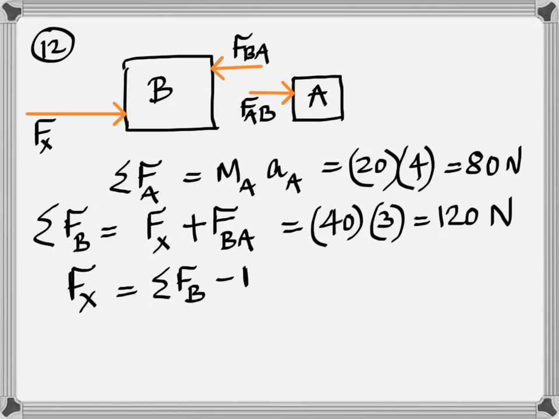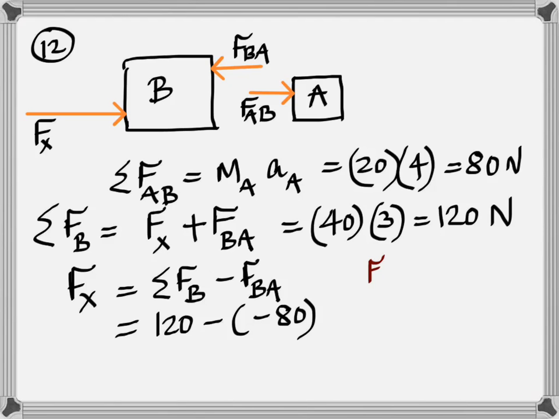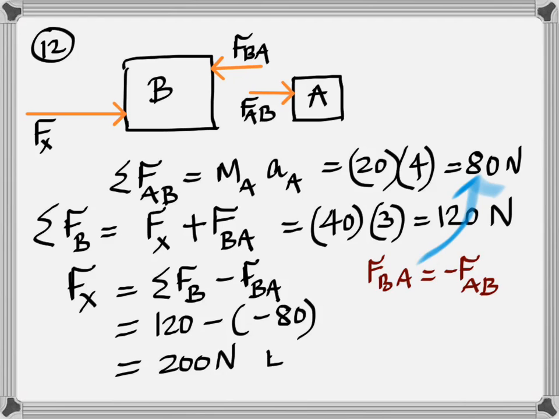And therefore Fx from that equation is Fb minus FBA. So 120 minus. So remember that FAB was 80 and FBA is negative 80 because it's the reaction of the other force. That's why it's negative 80. So you get 200 Newton towards the east, and that means the assumed direction that we took was correct, and it's towards the east.